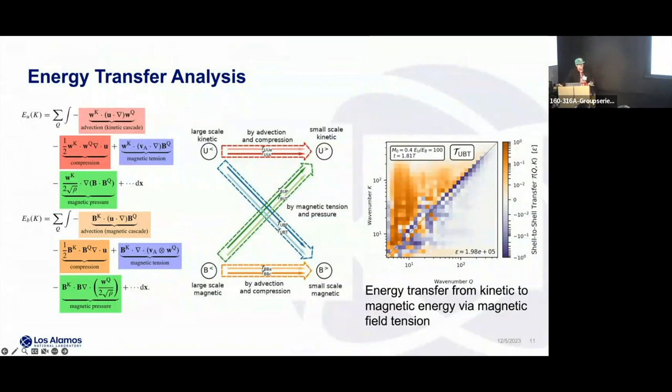You can look at how the kinetic motions transfer energy within itself via advection and compression from large scales to small scales, also within the magnetic fields, and also how the kinetic flows and the magnetic fields transfer energy between each other via magnetic tension and pressure.